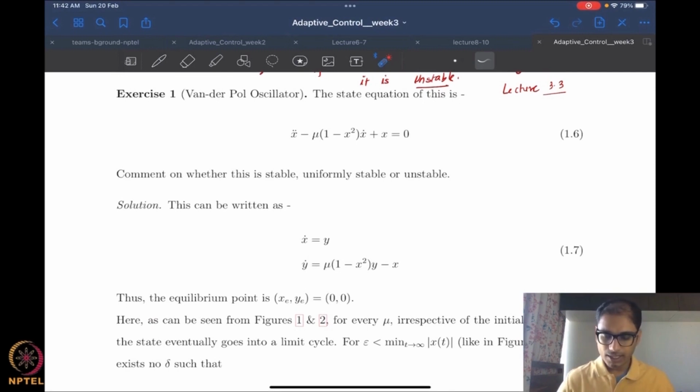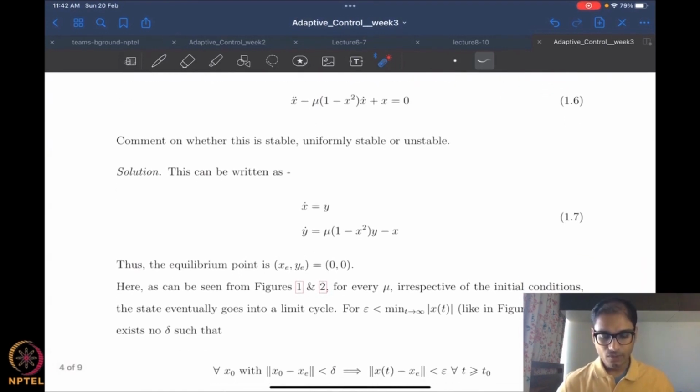The van der Pol oscillator system is given by this equation 1.6. Here we have the handle of choosing this particular mu. We can choose this constant mu, and it defines or changes the behavior of the van der Pol oscillator.